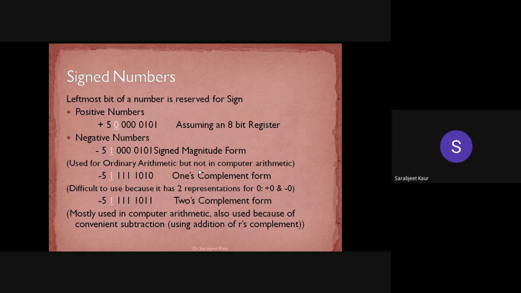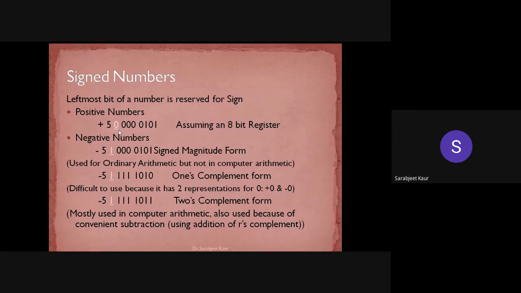So what we evolved was the signed complement form. Signed complement form can take either of the two forms that you see here on the slide: the first one being 1's complement form and the second one being 2's complement form. In the 1's complement form, how do we get a number? We first write down its complete positive number along with its sign bit.